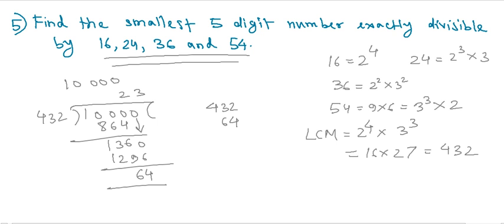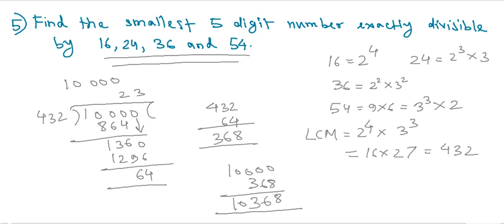So we get the result as 368. Now if we add 368 with this 10,000, then we will get the smallest 5-digit number that is exactly divisible by 16, 24, 36 and 54.